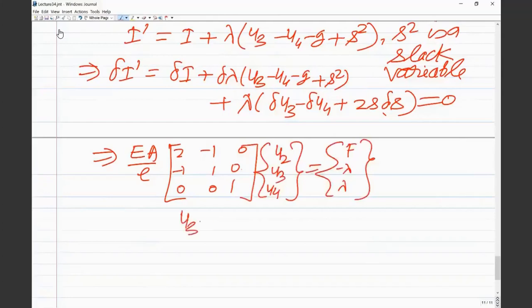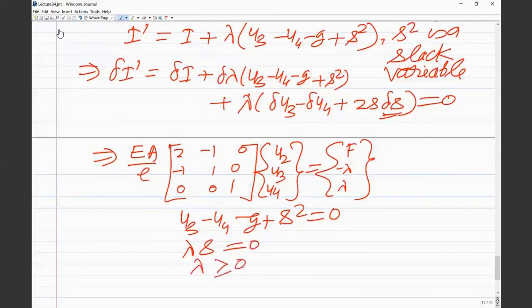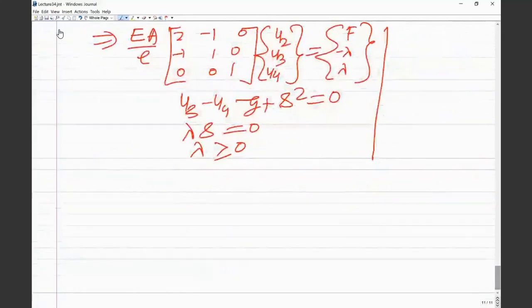Then another equation would be u3 minus u4 minus g plus s square equal to 0, because this will come from the coefficient of delta lambda, and an additional thing will come from the coefficient of delta s, which should also be equal to 0. So that gives you lambda into s equal to 0. And the additional thing is that lambda has to be greater than or equal to 0. The contact force Fc, because lambda is interpreted as contact force, so this lambda has to be greater than or equal to 0. Then you solve these equations, and after solving them you get the solution of the problem. So that's one way of looking at this.